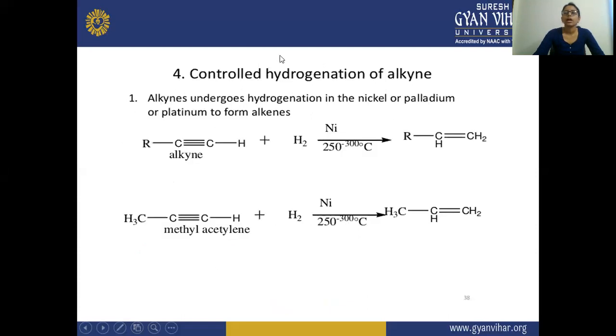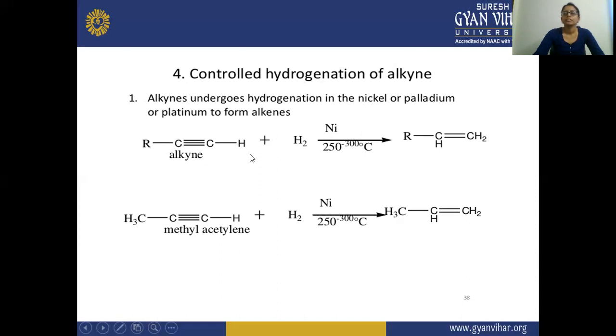Next is the controlled hydrogenation of alkyne. This involves the addition of hydrogen to the alkyne. Alkynes undergo hydrogenation with nickel or platinum to form alkenes.